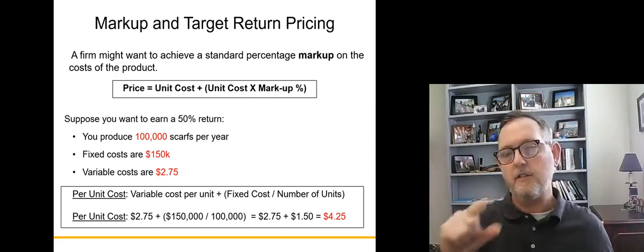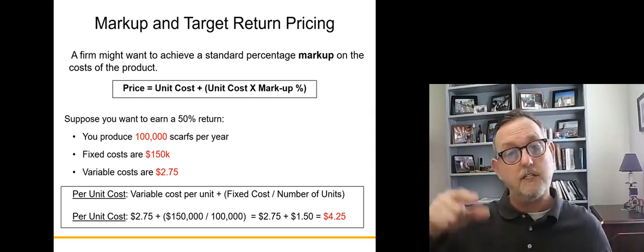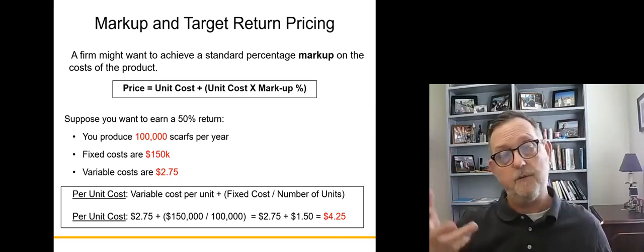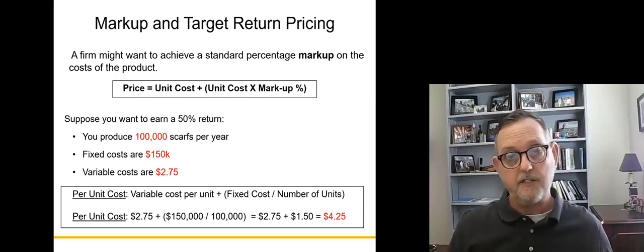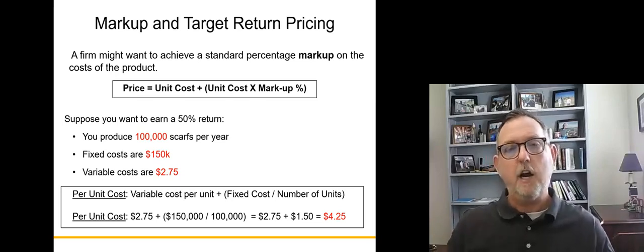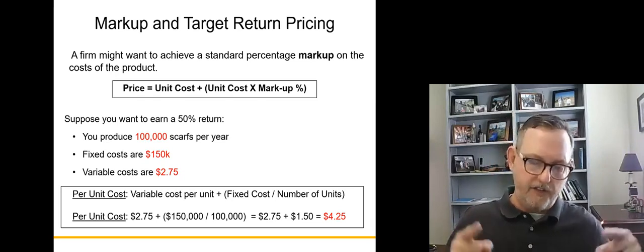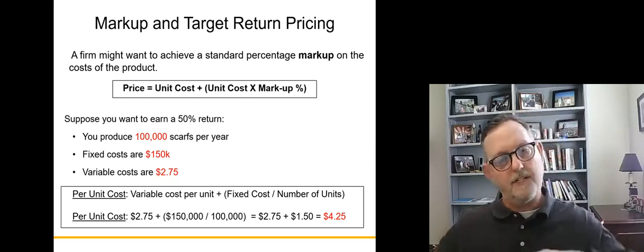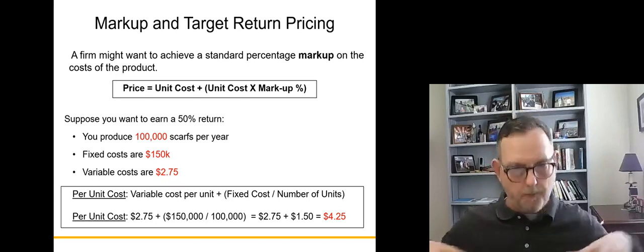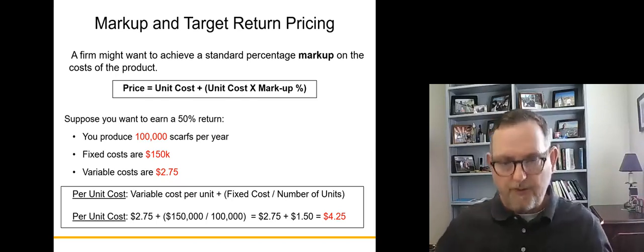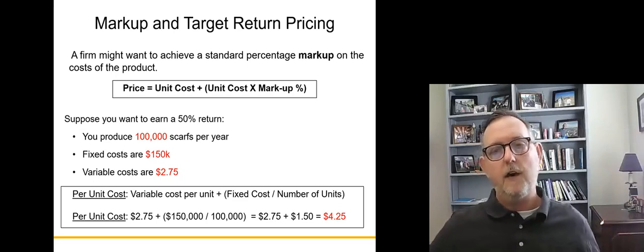So my per unit cost would be $2.75 plus 150,000, which is my fixed cost, divided by my number of units. So that's $1.50. So my cost per unit is $4.25. So every scarf I produce, I need $4.25 to break even. That's my break-even point in dollars for that particular thing.